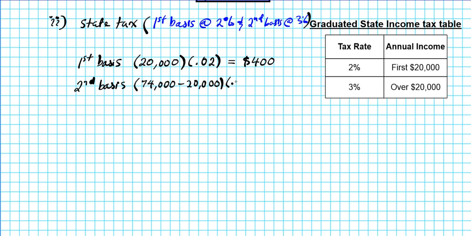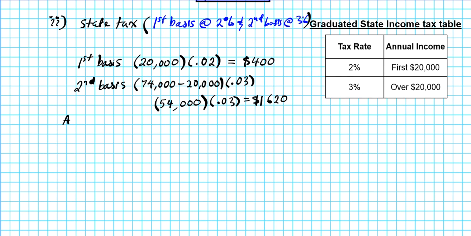In decimal form, that's written as 0.03. Now, if you carry out this difference, you'll get 54,000. You can do that mentally or with your calculator, or alternatively, you can enter this entire expression in your calculator. Now multiply that by 0.03 and you will get $1,620 as her tax payment for the second basis.